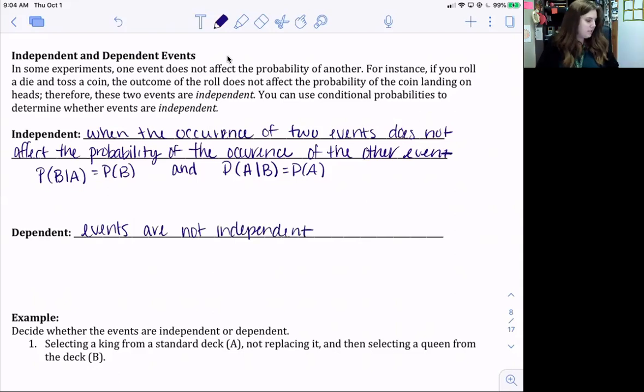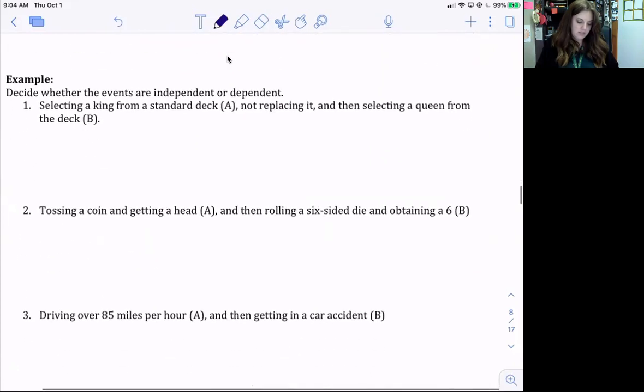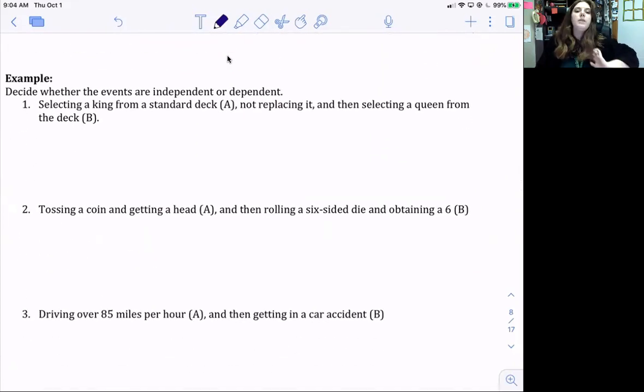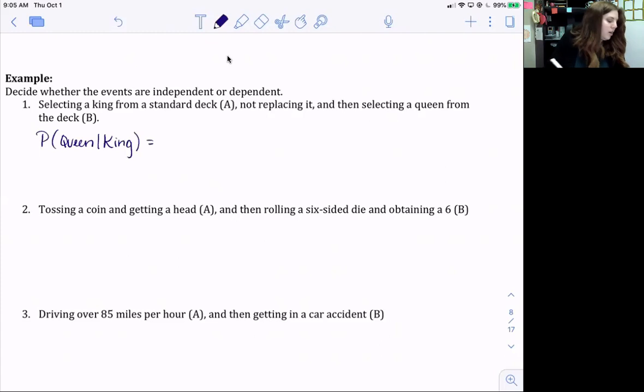All right, so let's look at these examples. Decide whether the events are independent or dependent. Selecting a king from a standard deck, not replacing it, and then selecting a queen from the deck. This is similar to that first example we did on the previous page. The probability of getting a queen, given we already drew a king, we know from our previous page was 4/51. Remember there's 4 queens, there's 52 cards in the deck.